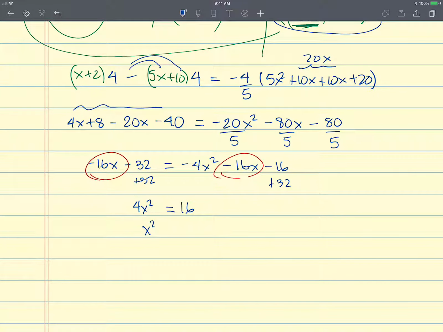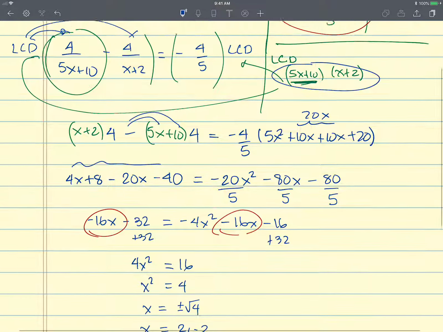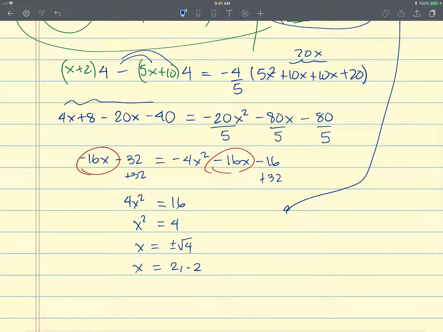So I have x squared equals 4. So x really could be plus or minus the root of 4, which is plus or minus 2. Now, remember up here we said at the beginning that x could not be negative 2. So the only solution now is x equals 2.